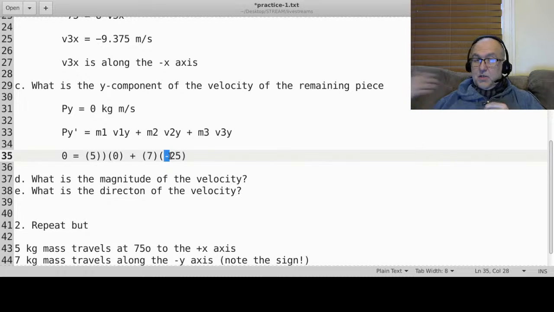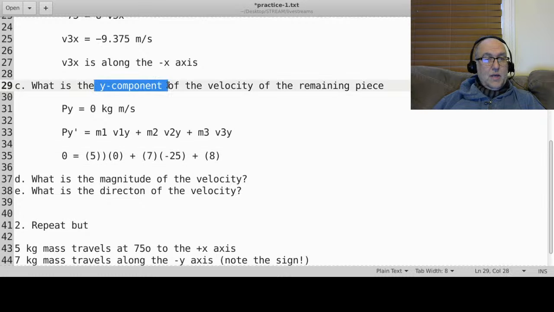For x, it's either going to be to the right or to the left, in other words, positive or negative. And for the y component, it's either up or down. Again, that's going to be either positive or negative. And in this case, we need that to be negative because it's going in the downwards direction. And then plus m3, that's 8. And we want the y component of the velocity of the remaining piece.